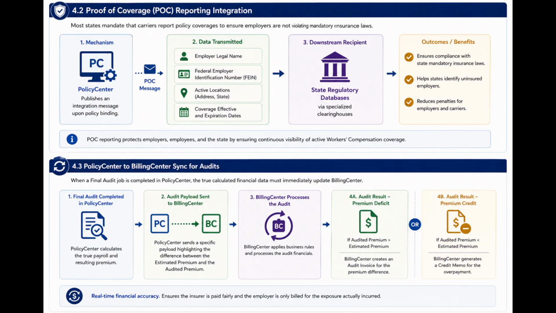For every class code assigned to a physical location, the rating engine divides the estimated annual payroll by 100 and multiplies that exposure basis by the approved base class code rate. The manual premium is the aggregate sum of these individual class code calculations across all exposure lines and active states.